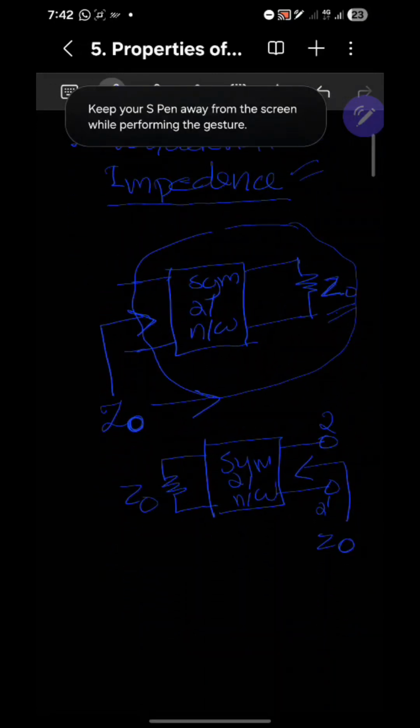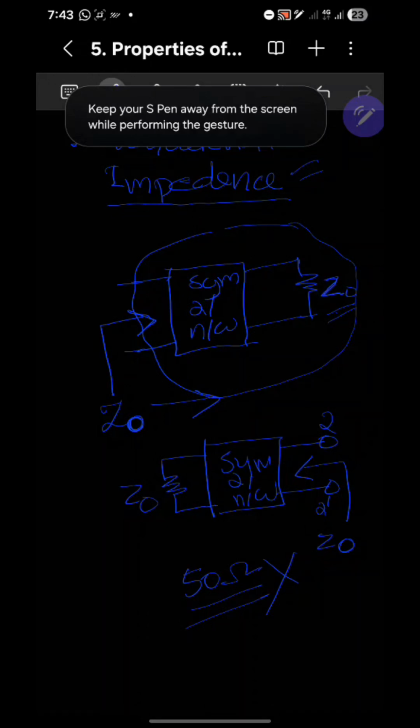For example, for this network, let us say 50 ohm is the characteristic impedance. Then there won't be any other resistance value or impedance value for the network which satisfies this condition.